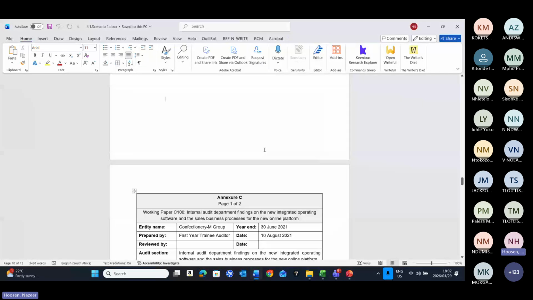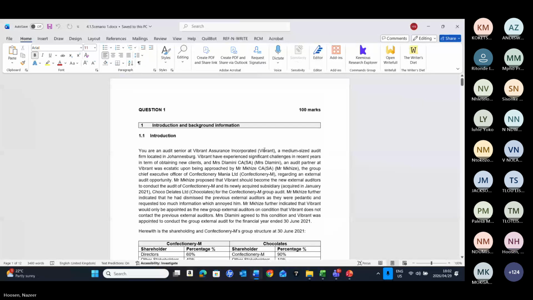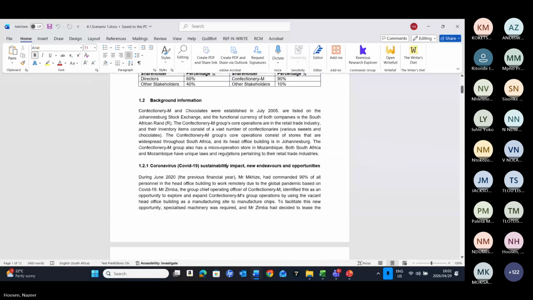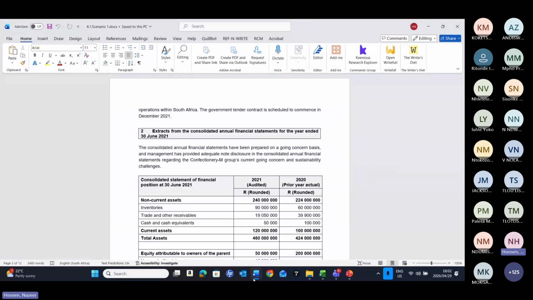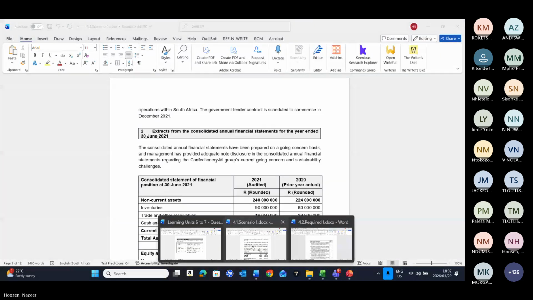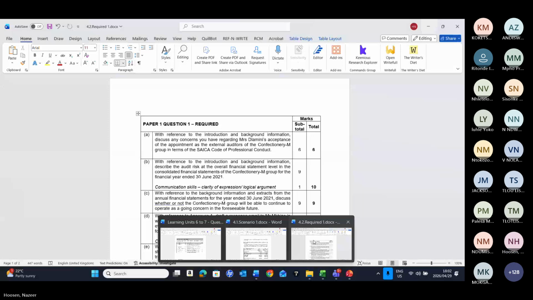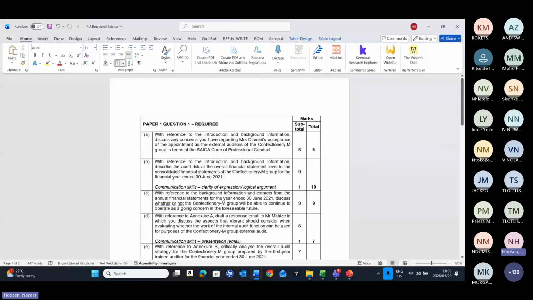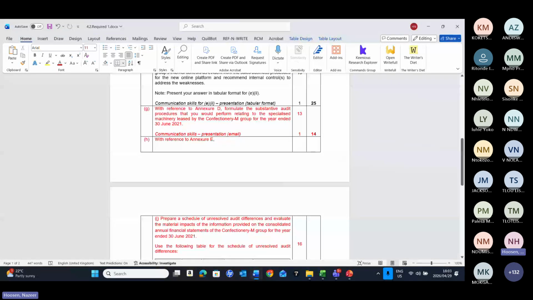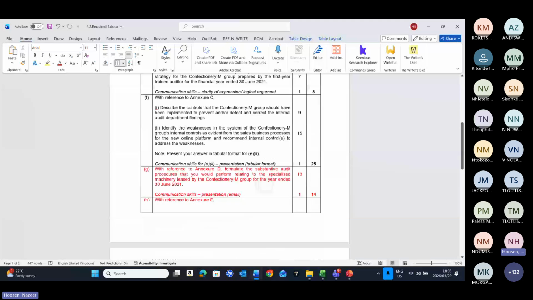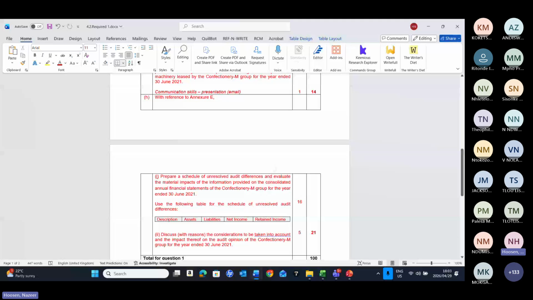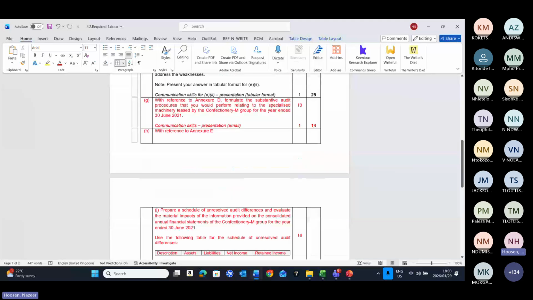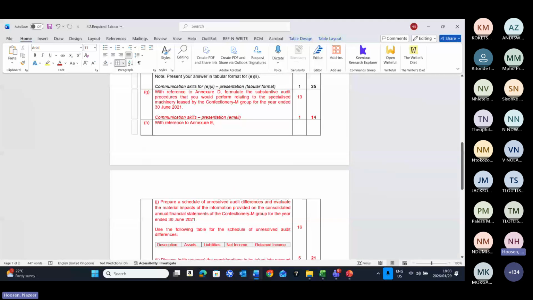Let's start off with the required. We have required from part A up until H. However, G and H related to the substantive procedures, and part H related to audit opinion and reporting.